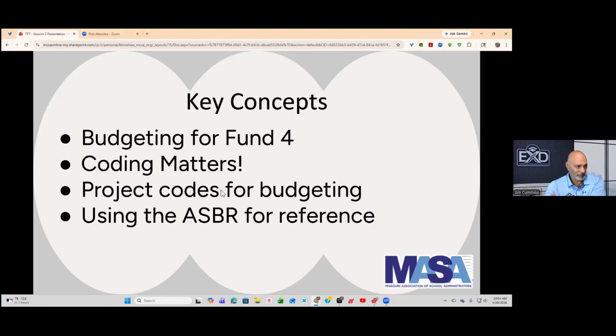So the key concepts I hope you'll come away with are budgeting for Fund 4, that coding matters, project codes for budgeting and how those impact when you set up your budgets, and then using the ASBR for reference. And you're going to hear me a lot during these sessions talk about the ASBR.